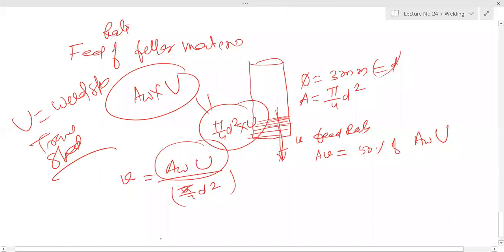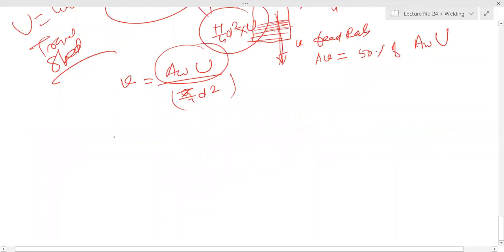No, half of that will be the answer. You have to take half of this, so 50% of 21.6 you take. What is AW?